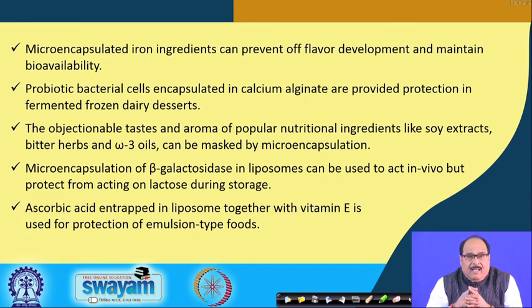Probiotic bacterial cells encapsulated in calcium alginate are provided protection in fermented frozen dairy products. The objectionable taste and aroma of popular nutritional ingredients like soya extracts, bitter herbs and omega 3 oils, etc., can be successfully masked by using an appropriate microencapsulation process.